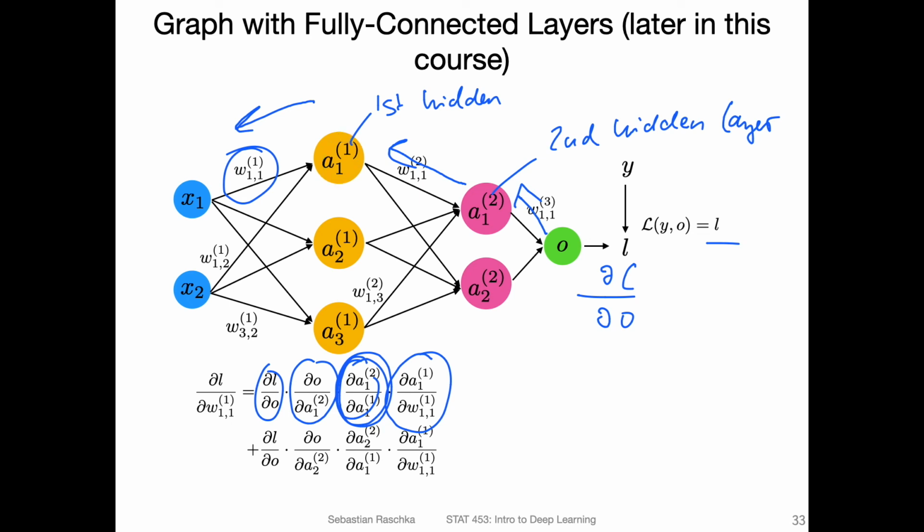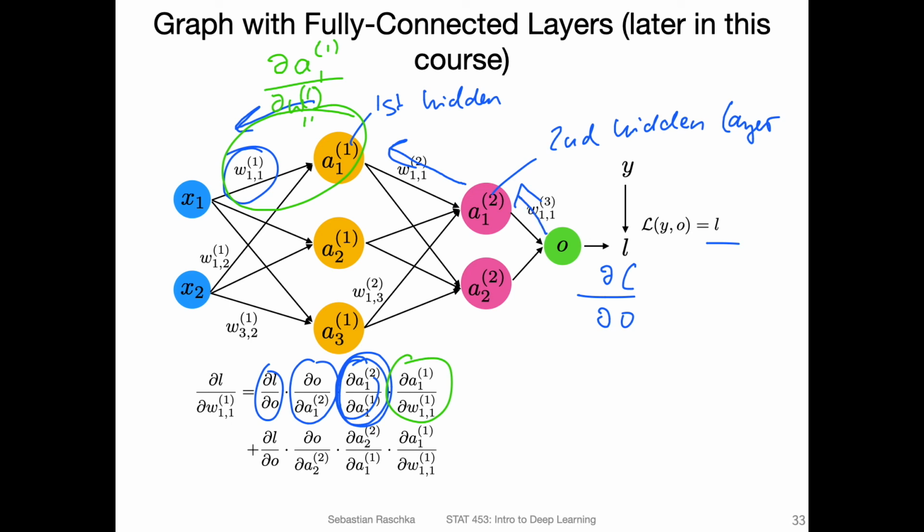Let me use the green color here. So this is here, so we are computing with respect to the one here. All right. However, note that there's a second path, right? So let's use red here. Let's go the second path. So it's again the same one as like this one, but we have now also the second path.